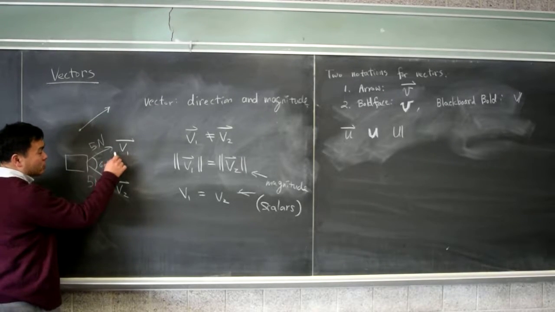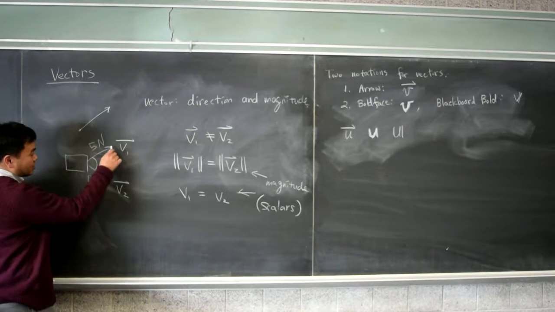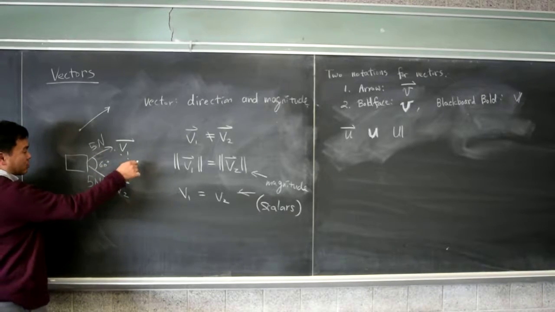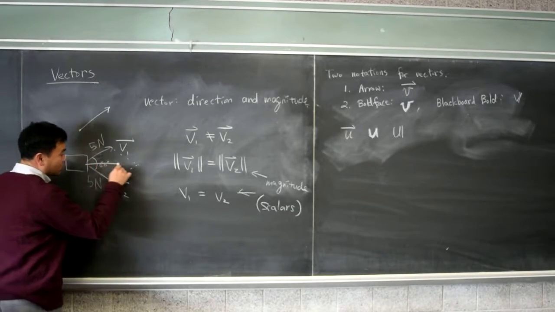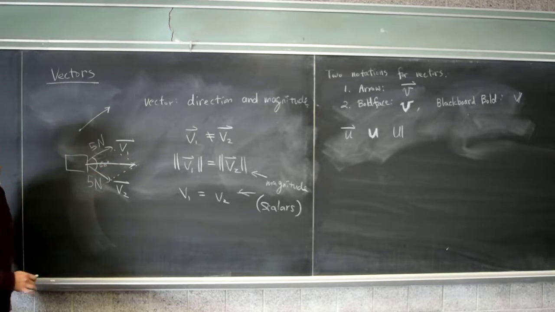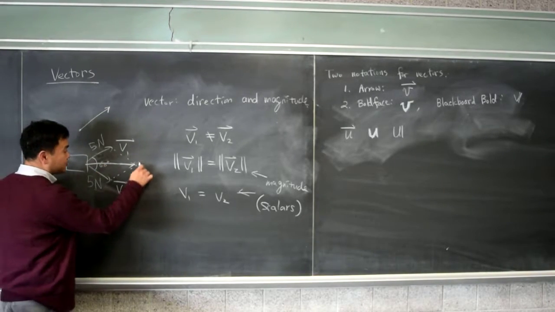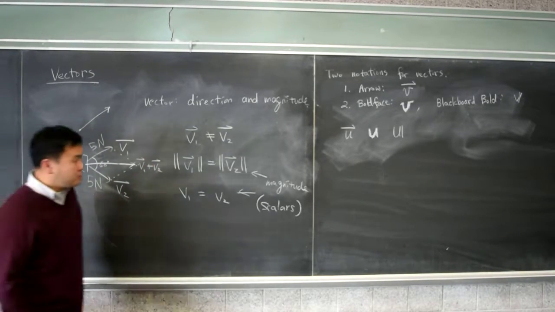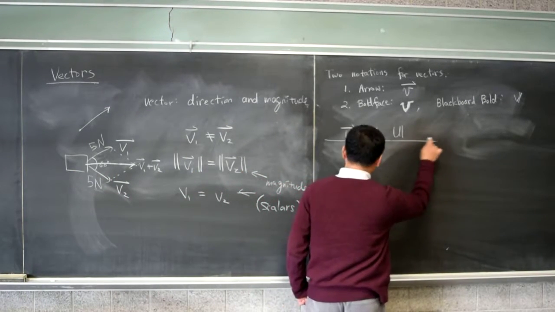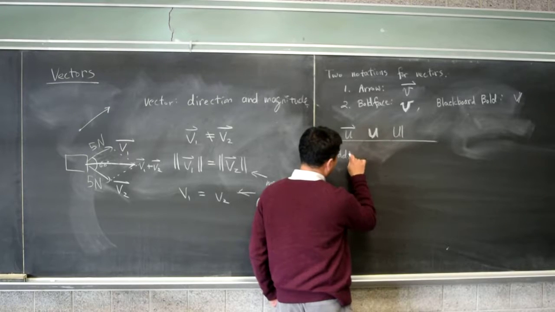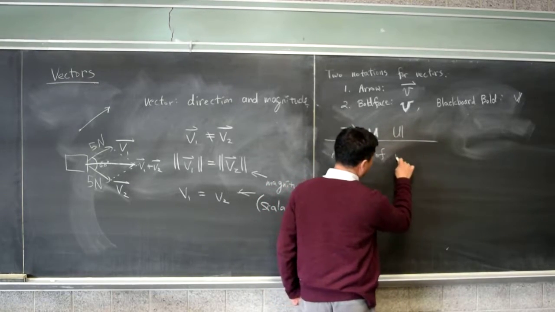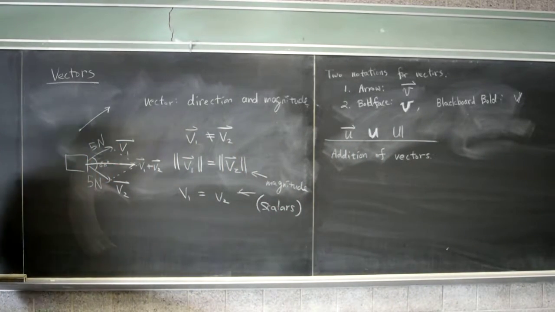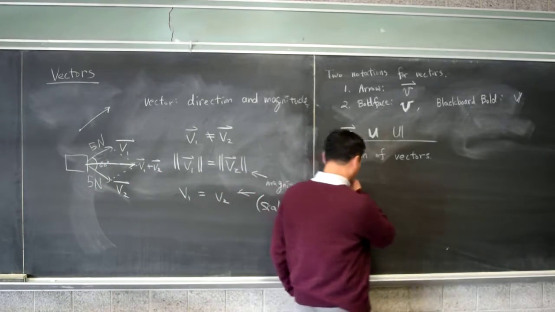Well, the way you add vectors is by using a parallelogram. You draw this imaginary parallelogram, and you draw this third vector, and that's called the sum of the two vectors V1 and V2. So, addition of vectors.